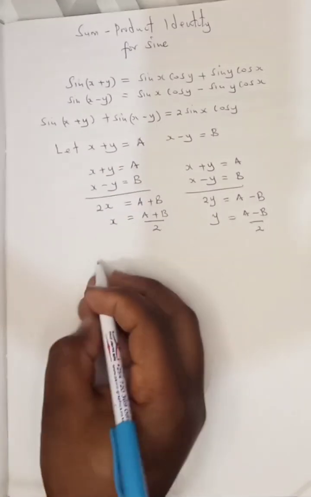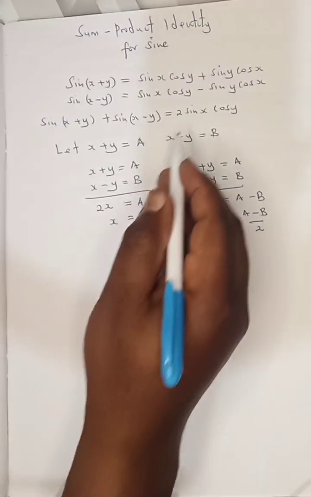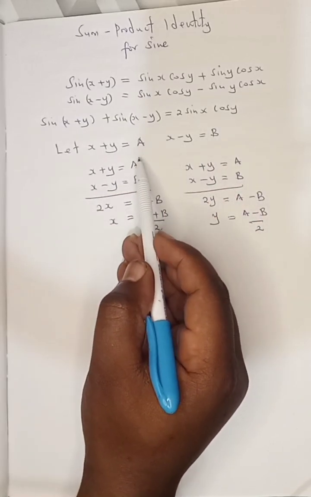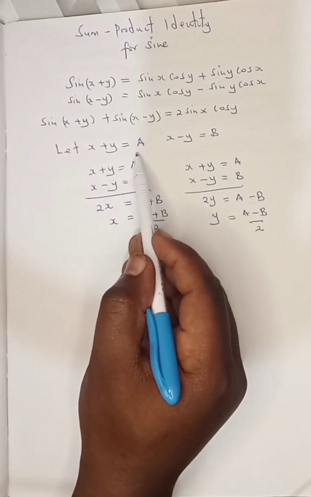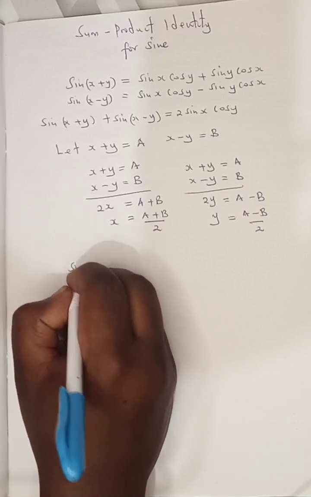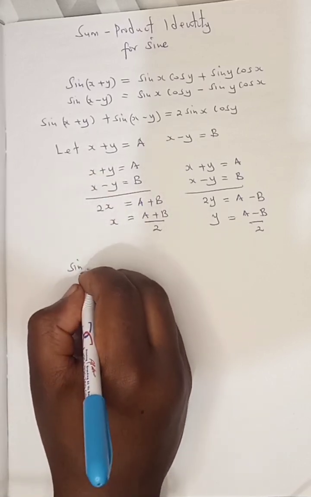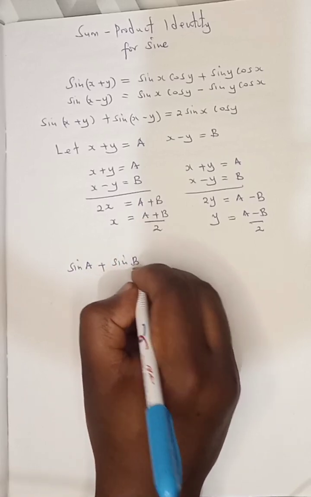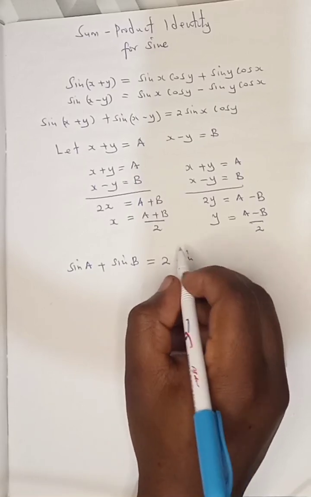We say that sine of x plus y plus sine of x minus y is equal to this, and now we want our equation to have A and B in place of x plus y and x minus y. So instead of sine of x plus y, we are now going to have the sine of A plus the sine of B equal to 2 sine of x.